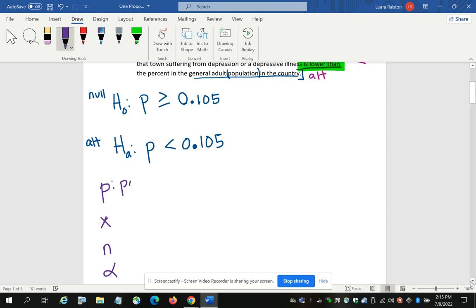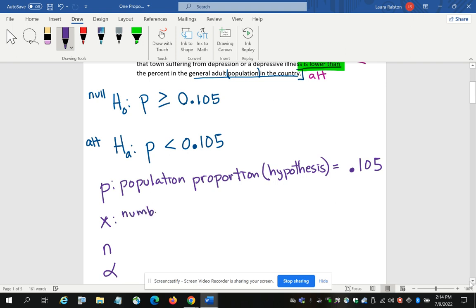p is your population proportion, and it's the value that's in the hypothesis, which is 0.105. x is what we call the number of successes, meaning we get what we want.